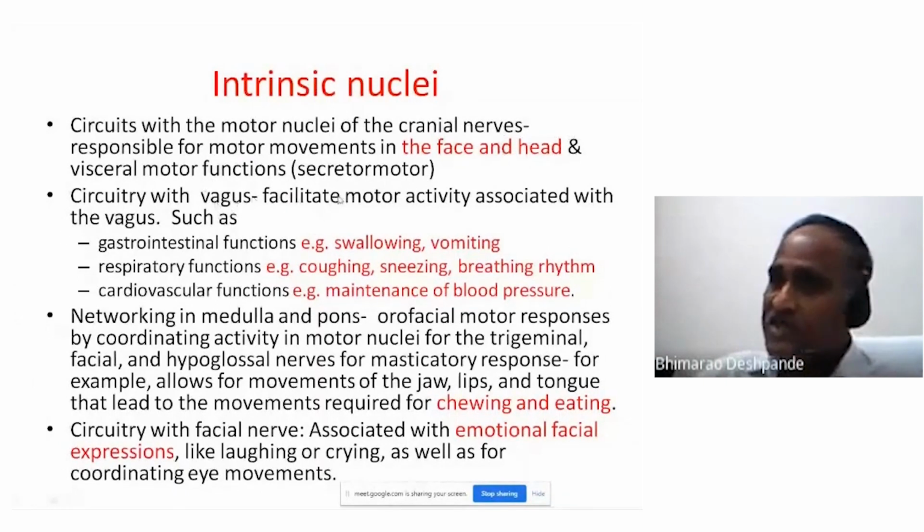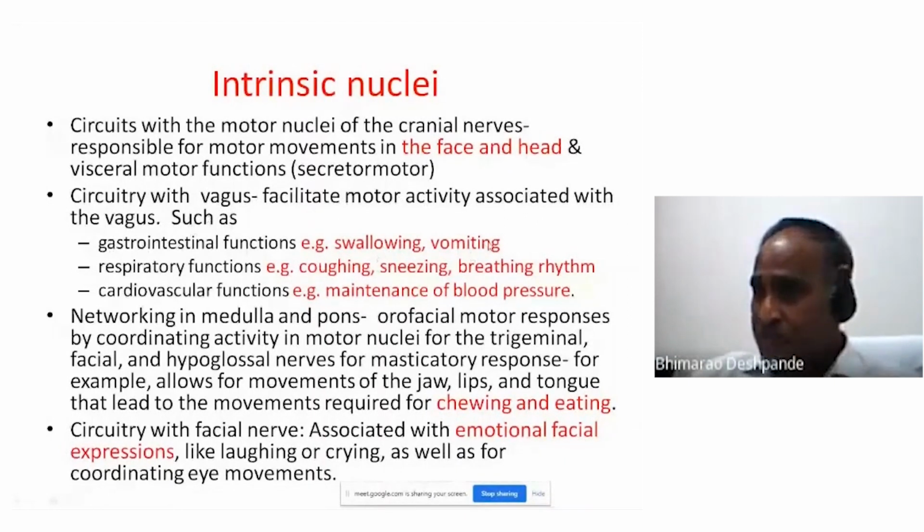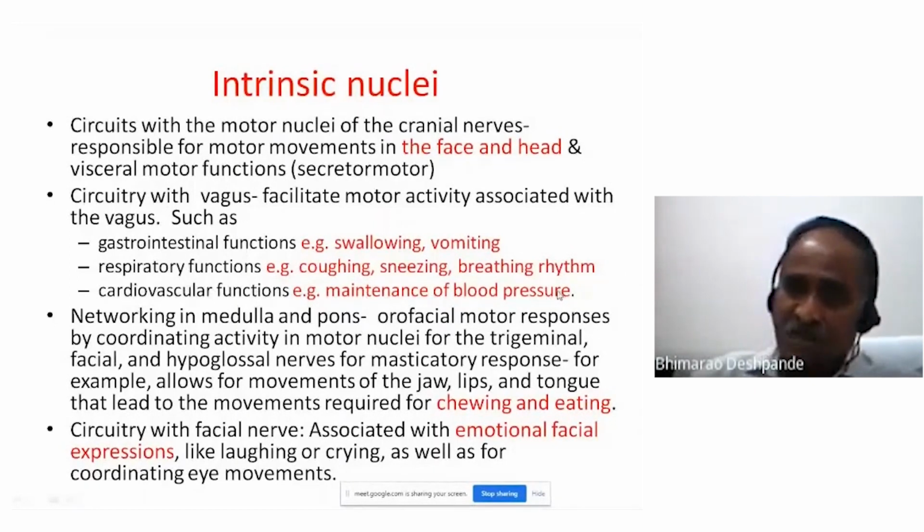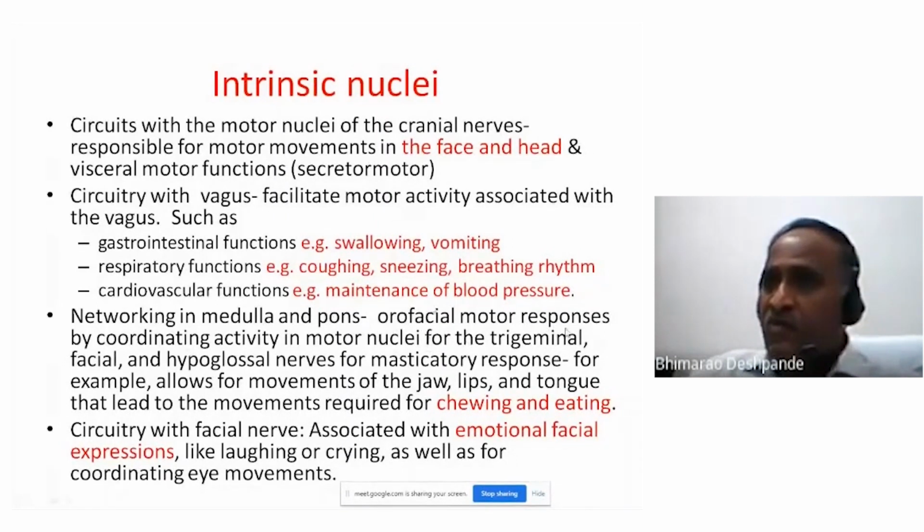Circuitry around the vagus facilitates motor activity associated with the vagus: swallowing and vomiting, respiratory functions like breathing rhythm, coughing, sneezing, and the cardiovascular functions, the maintenance of blood pressure, and all the cardiovascular reflexes. Then we have orofacial motor responses for chewing and eating.